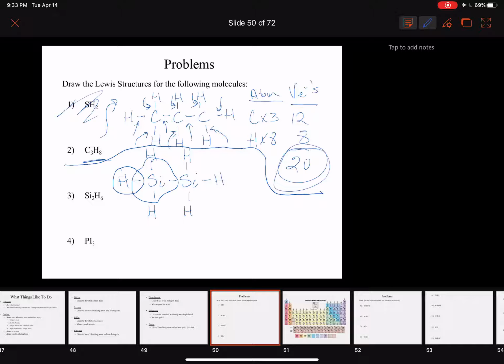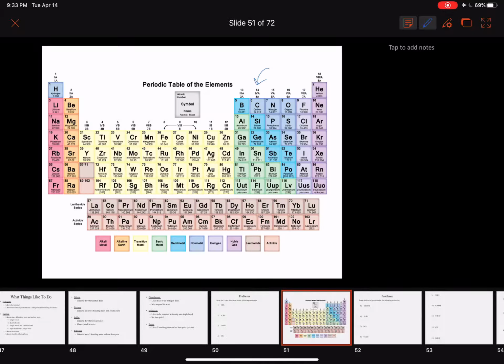But we need to add up our valence electrons and make sure that that number is right so we can make sure that we've got the correct structure. So we have 2 silicons and we have 6 hydrogens. Now, silicons are going to have the same number of valence electrons that carbons do because they are in the same group as our carbons right there.